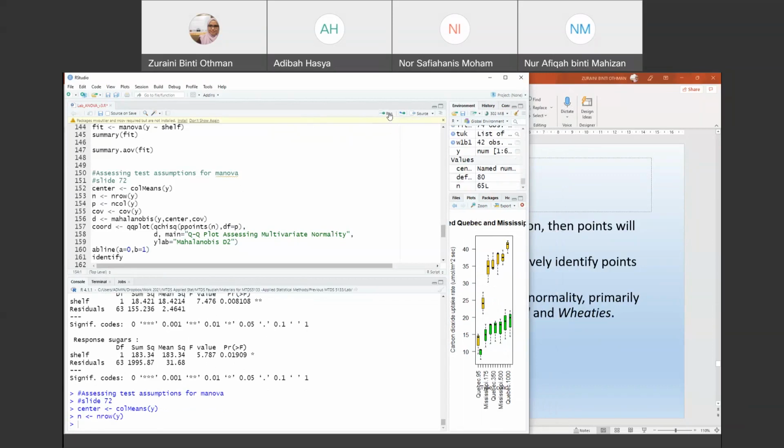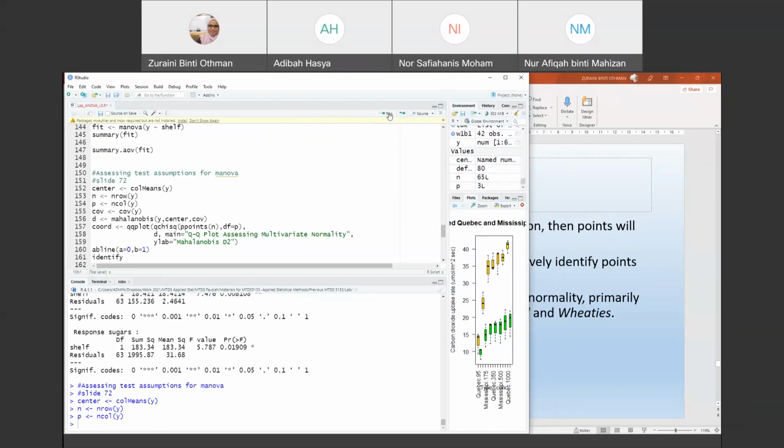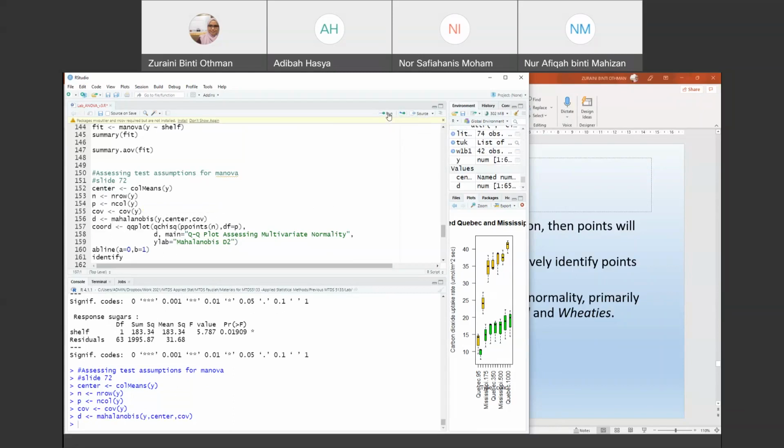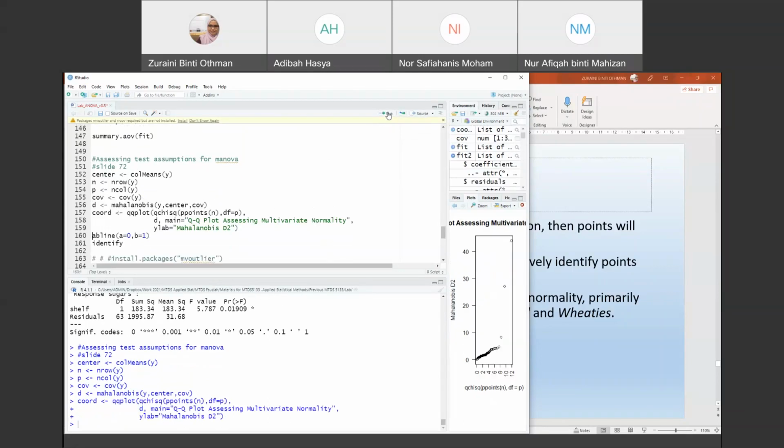And row and column. This is the covariance of Y, and this is just now the Mahalanobis distance by using Y center and covariance value yang kat atas ni. Okay. Then we plot the QQ plot. This is the QQ plot.